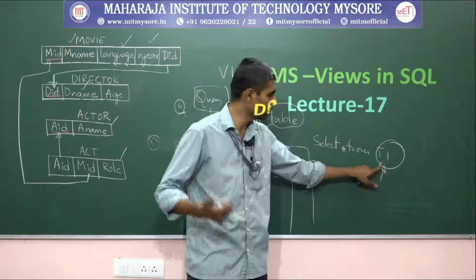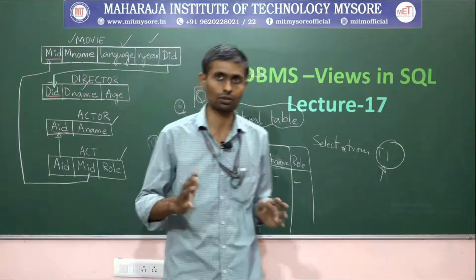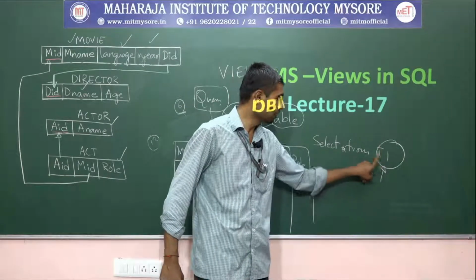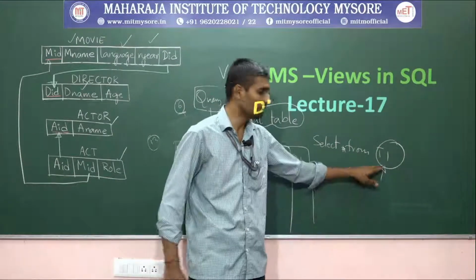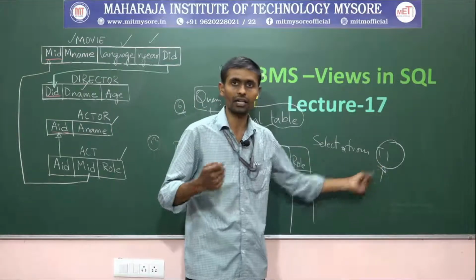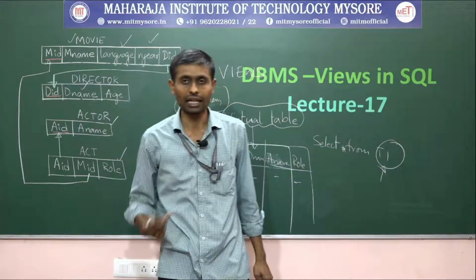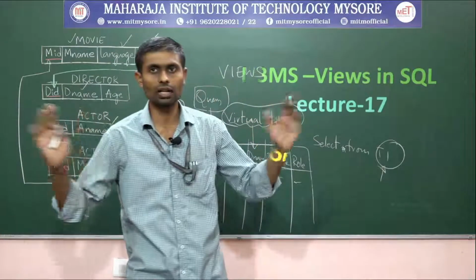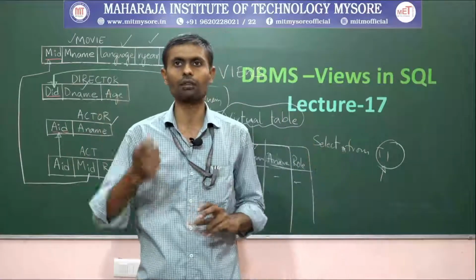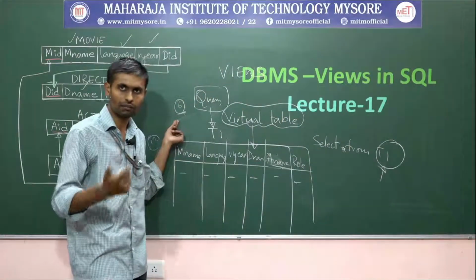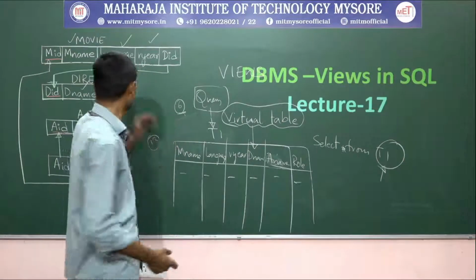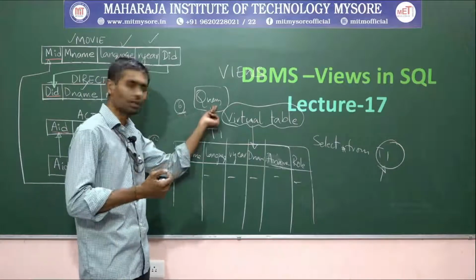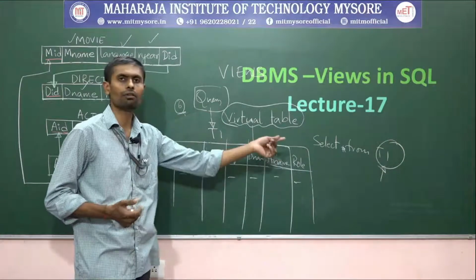The person will not come to know that T1 is a view created using which tables, so it is secure. If you want to give a person only six attributes to solve some problem, instead of giving access to all attributes, create one view, say T1, and give that view to write queries.